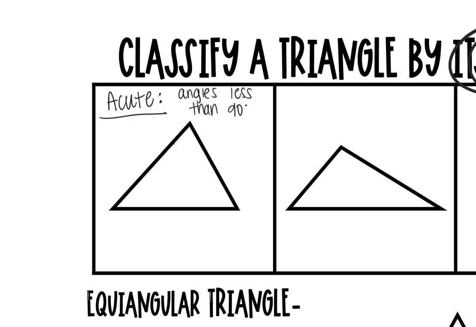So for example, we could say this one is 40 degrees, this one is 60 degrees, and this one is 80 degrees. They are all less than 90 degrees. They are all acute. So all three angles, so I'm putting my symbol for angles, are acute.